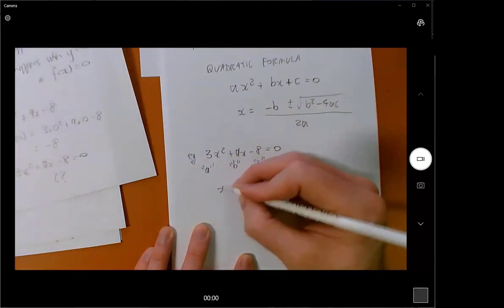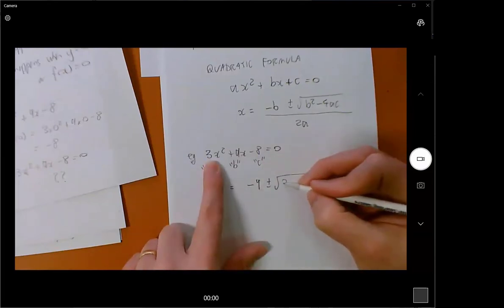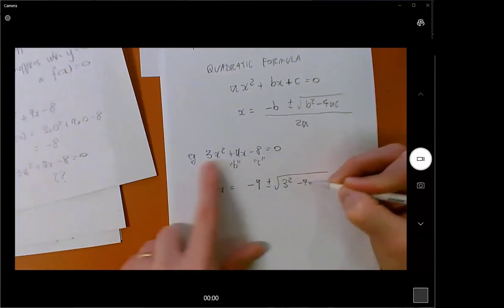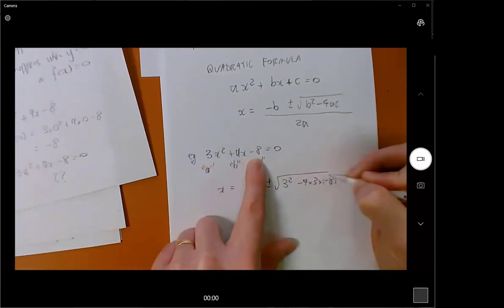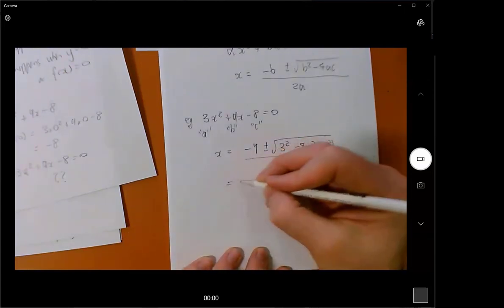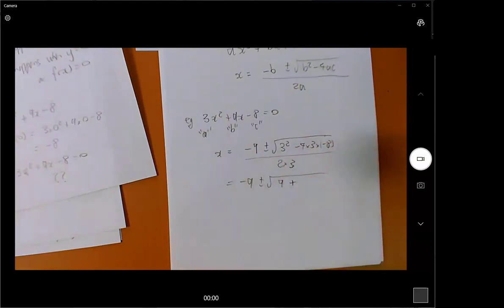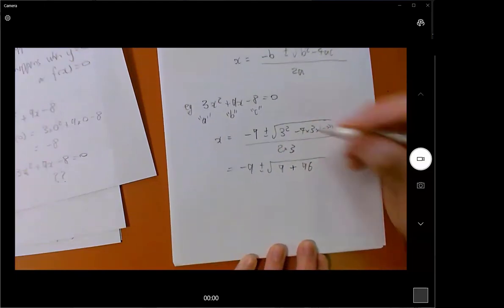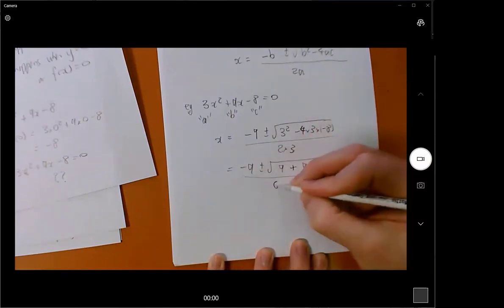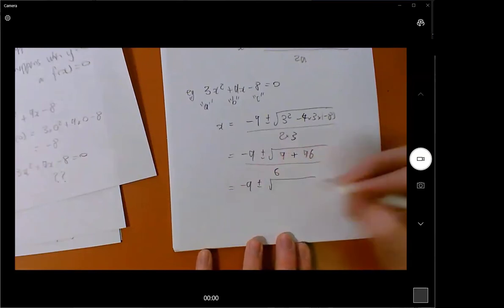And so my x will be -9 plus or minus the square root of 9 squared minus 4 times 3 times -8, all divided by 2 times 3. 12 times 8, 96. I don't want to go any further than this. I've had enough of that.